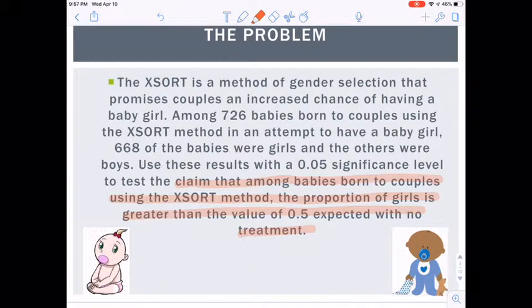That 0.5 means 50%. So right here is the biggest thing for our claim. This is suggesting that p equals 0.5 to be like the undisputed fact. Everybody believes that 0.5 is your chance of having a baby girl, and our test is going to show, or hopefully show, that the probability when you're using this selection method is actually going to be different than 0.5.